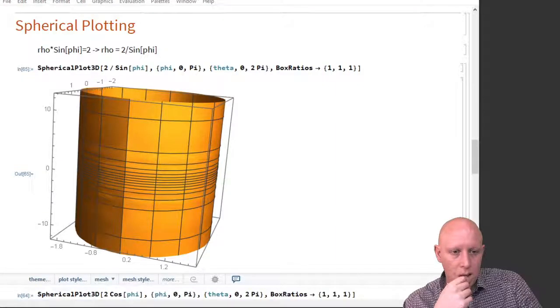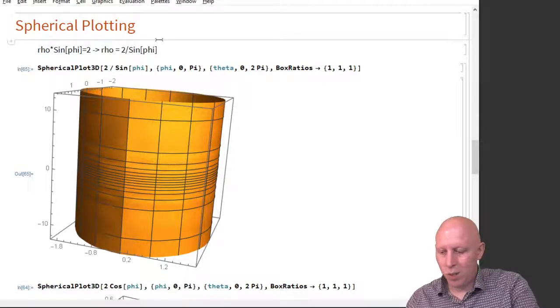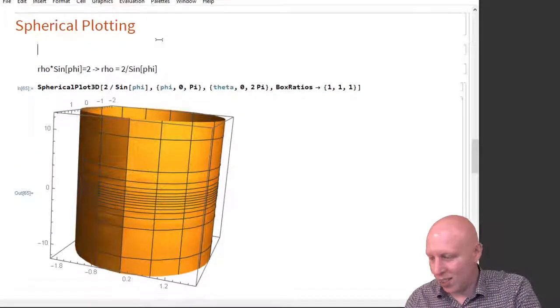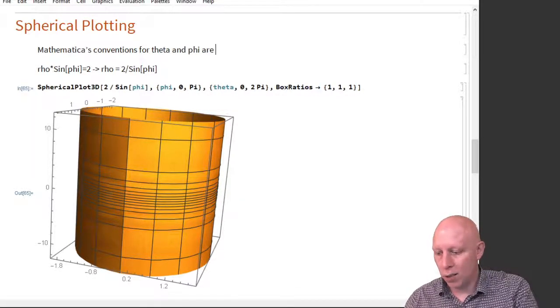The key thought, which I just learned now, is that in spherical plotting, Mathematica's conventions for theta and phi are reversed.